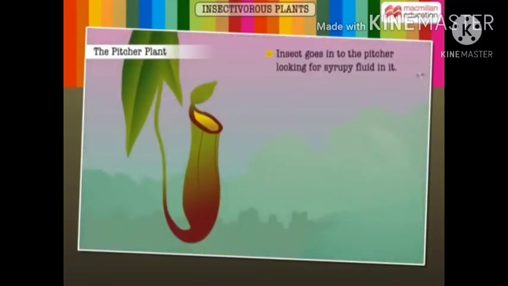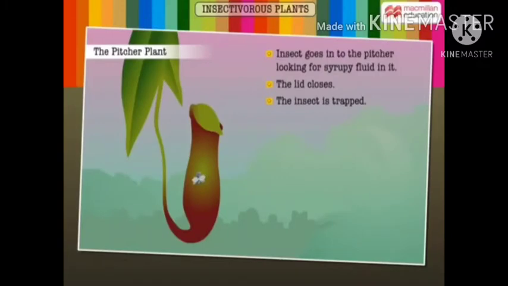Here, the insects go into the pitcher looking for some syrupy fluid in the pitcher. But they get stuck in the pitcher as the lid closes. What happens after that? The plant secretes enzymes or digestive juices inside the pitcher, and the insect is digested.